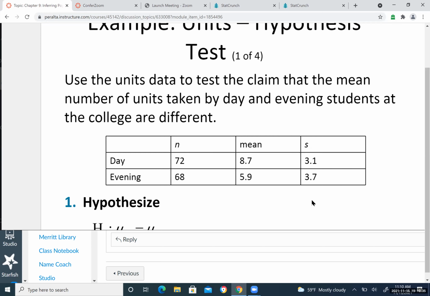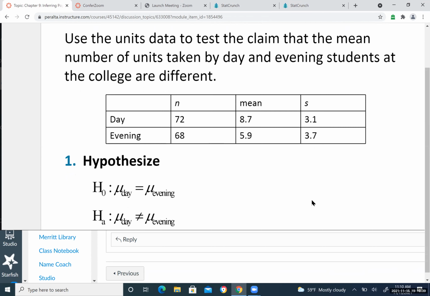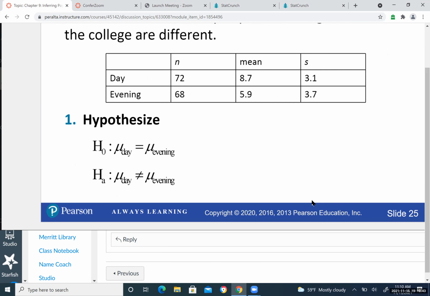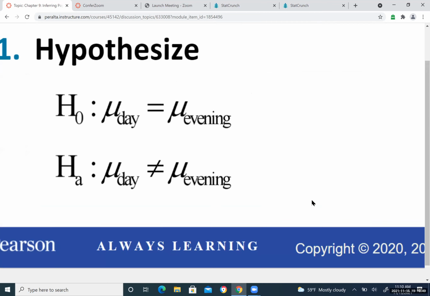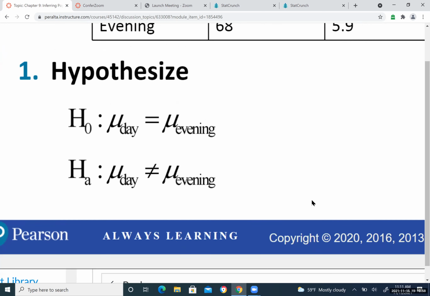Okay, so let's look back at example 1, units, right? See that? The box is the same thing. So now follow this. You got step 1, you got the null hypothesis and the alternate hypothesis. See, not equal to? Just the way that they're writing it, because I showed you the keywords, that's why I know it's not equal to.